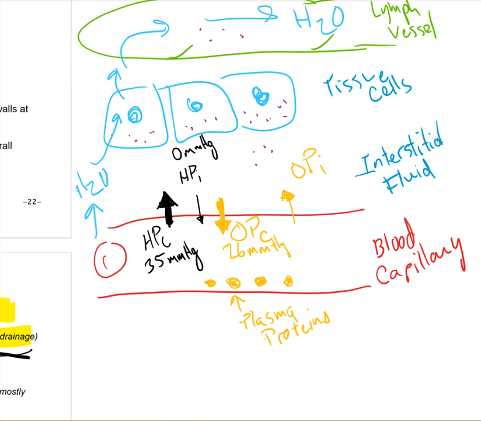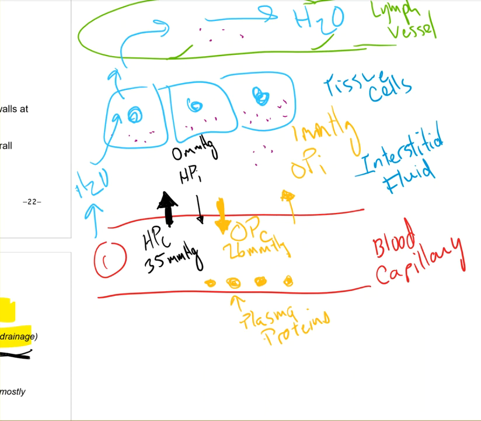So water will go into the interstitium, right? The plasma, which is mostly water, the water part and things dissolved in it will go into the interstitium fluid, go into the tissue cells, then go into the interstitium again, go into the lymph vessel, and then go out. And we'll talk about where it goes later. Okay, so this OPI here is really low, generally about 1 millimeter of mercury. Okay?